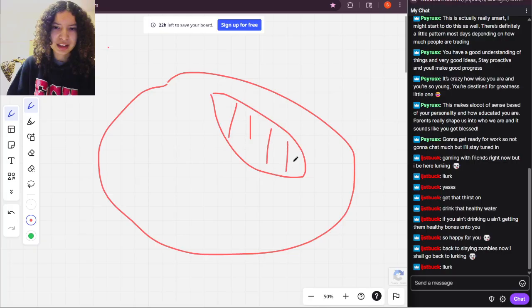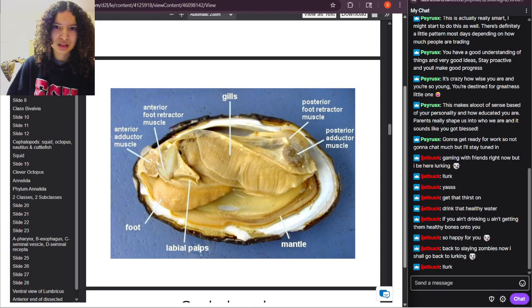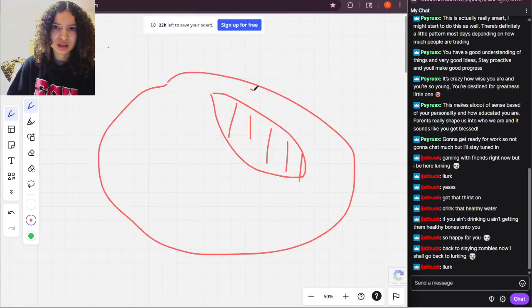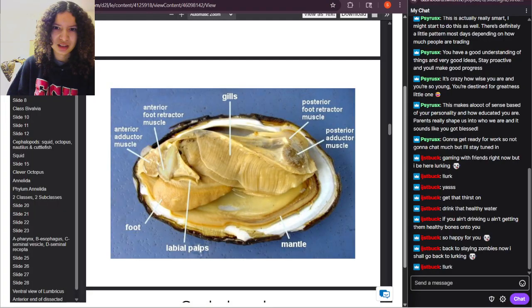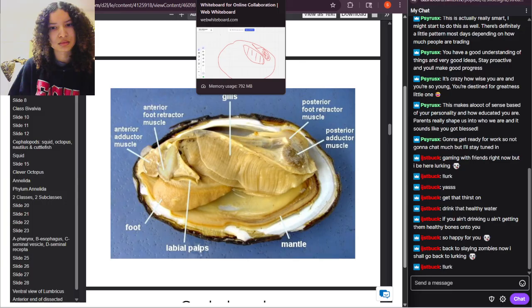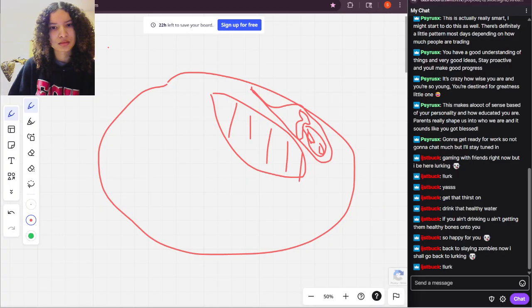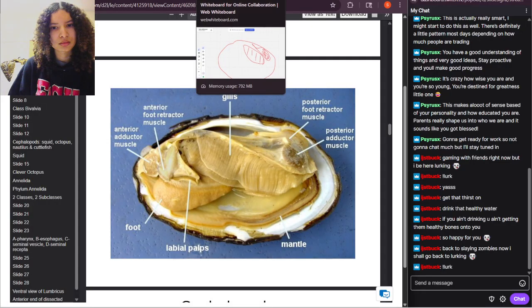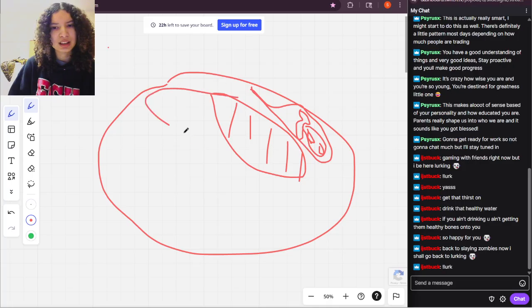So this big line thing is going to be the gills. Corner is going to be this opening. And it's kind of ridged. Is this muscle? I think these gills are actually bigger.